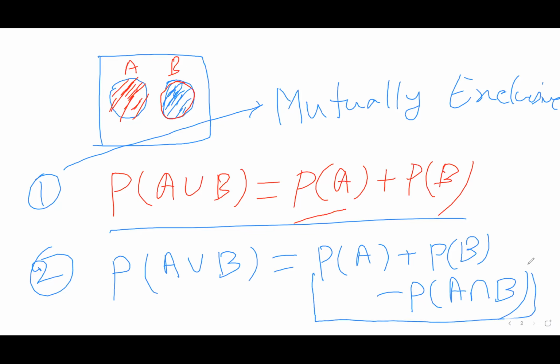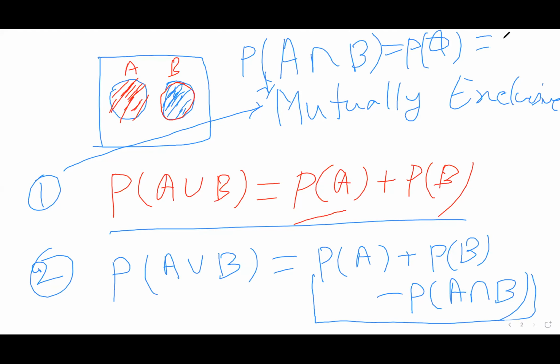Or if you forget about the Venn diagram, if they are mutually exclusive, then A intersection B is empty. A intersection B being empty means the probability of this part is 0. The probability of this is equal to the probability of the empty set, which is always 0, because this is an impossible event.